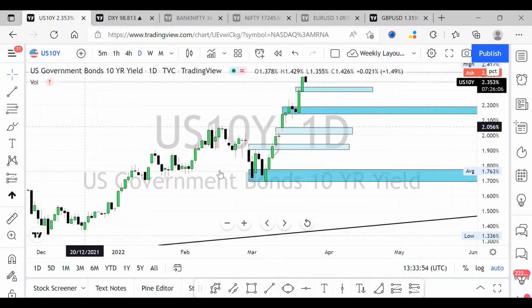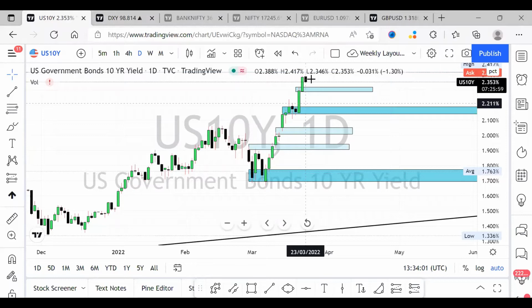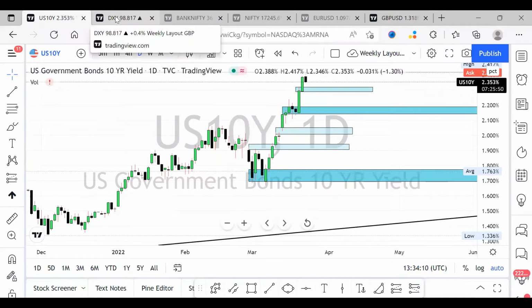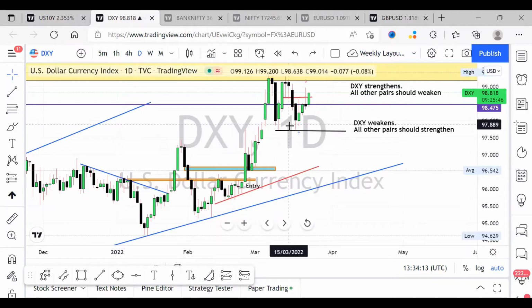So first of all, if you look at this particular chart on the US 10Y, bullish continuation. Okay, that means the purchasing power of the dollar is very, very strong. Now we see what happens with the dollar index. The dollar index is also going up, so this is telling you that the overall dollar index is strong.